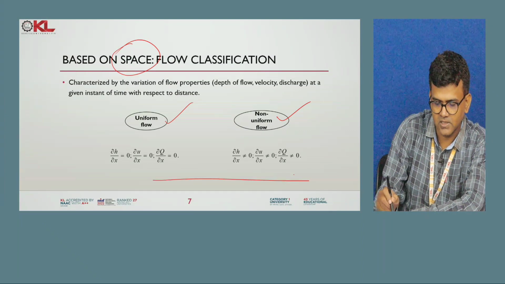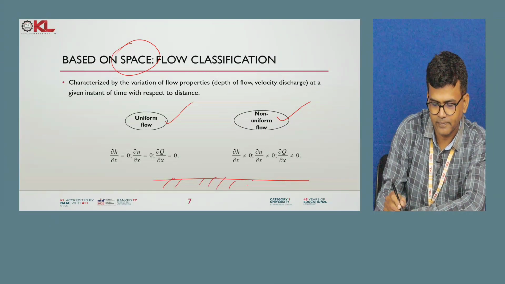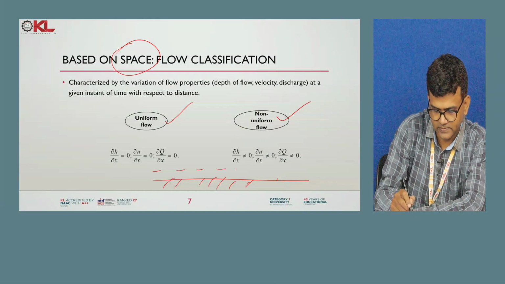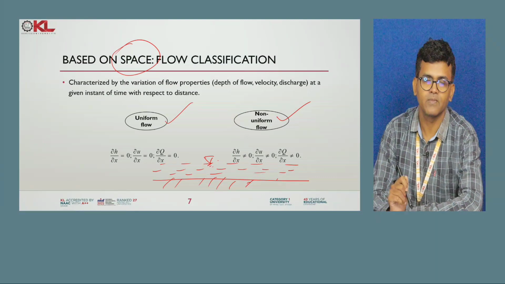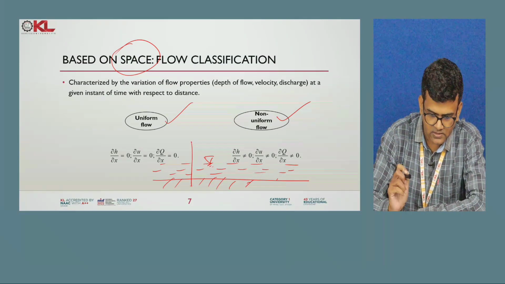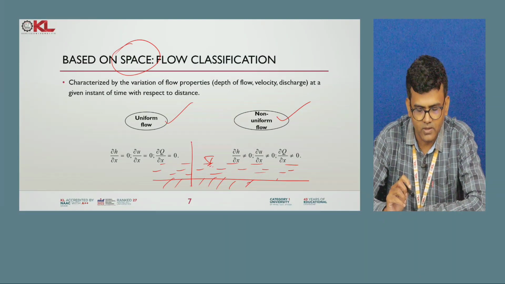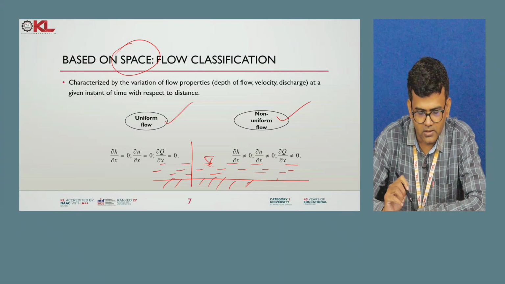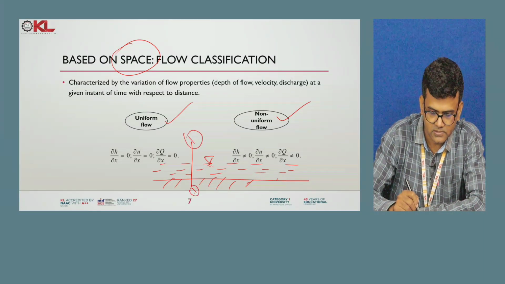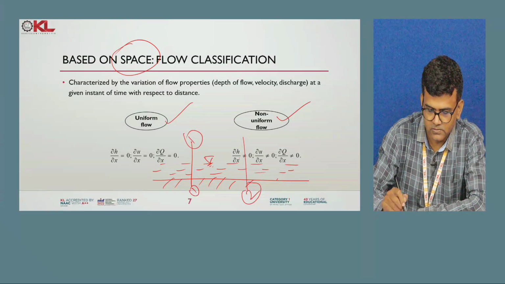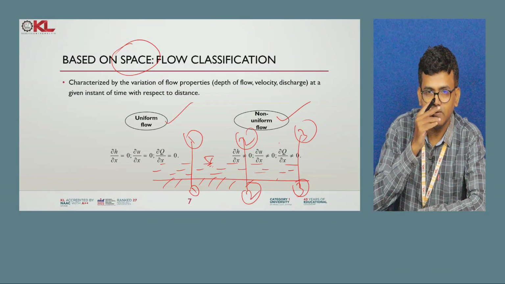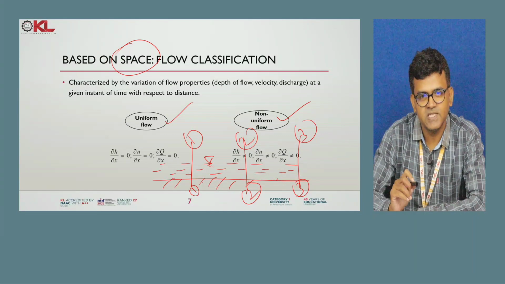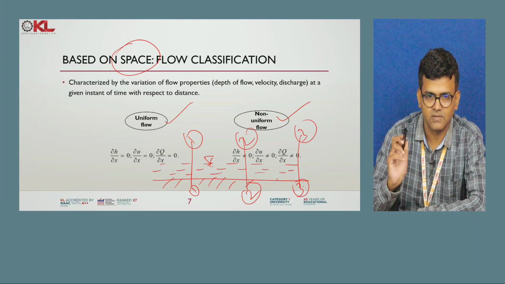suppose this is the channel bottom, flow is there, and this is the depth of flow, the upper layer. Take any section: this is section 1, this is section 2, section 3. So we can see the space, that means the distance.